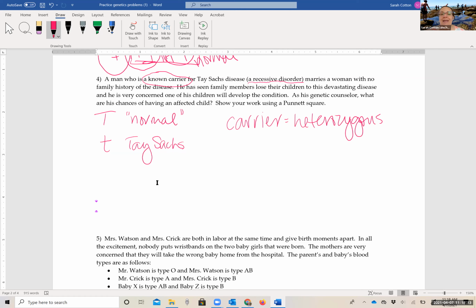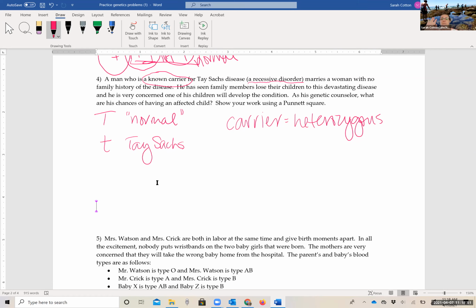If he was expressing the disorder, we would say a man who has Tay-Sachs disease, or someone who is suffering from it, meaning he has the symptoms. If we say somebody is a carrier, that means they don't have that phenotype. He doesn't have the Tay-Sachs phenotype, but because of his family history, presumably, we know that he's a carrier for it.